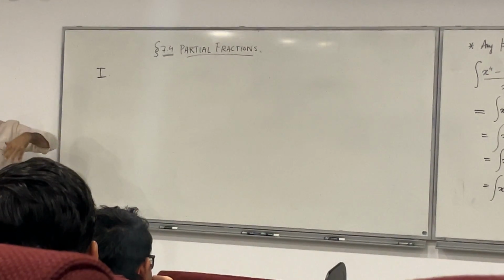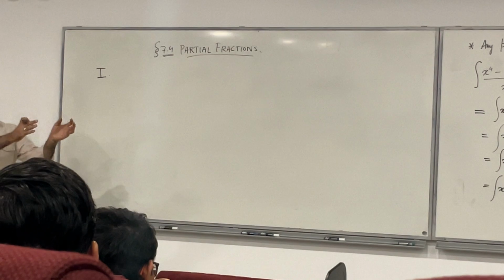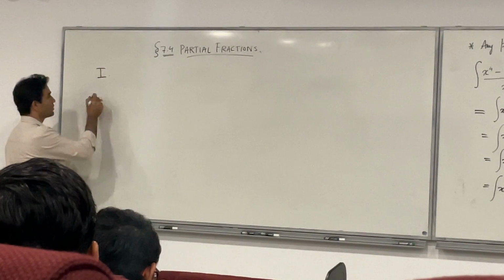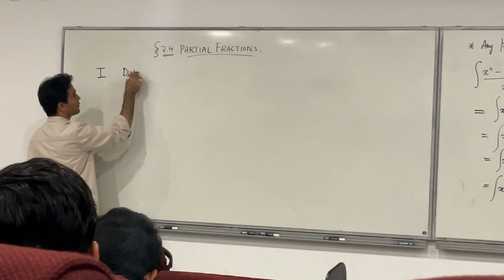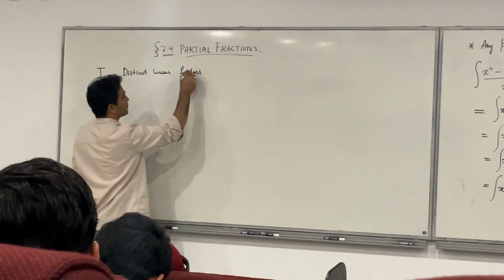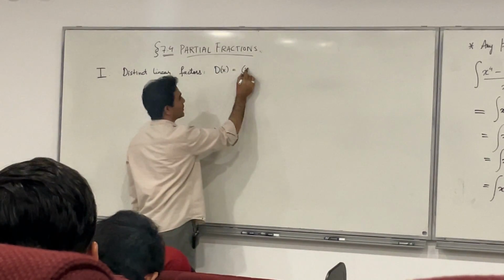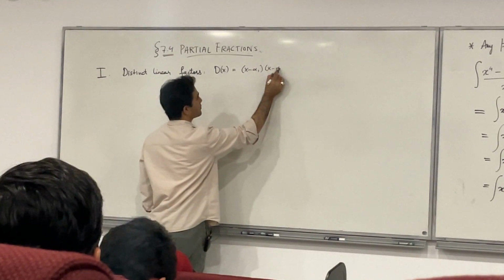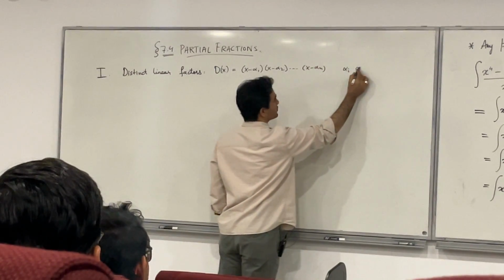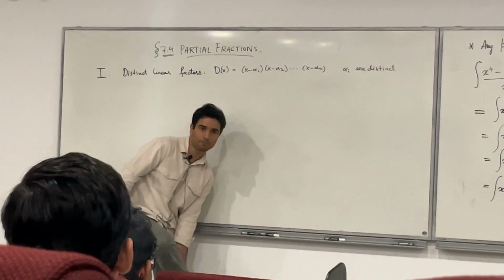The denominator can be factored into linear terms, and all of those linear terms are different. That's the first case. So this is distinct linear factors, meaning the denominator can be factored as x minus alpha 1, x minus alpha 2, up to x minus alpha n, where the alpha i are distinct. They're different from each other. Does that make sense?